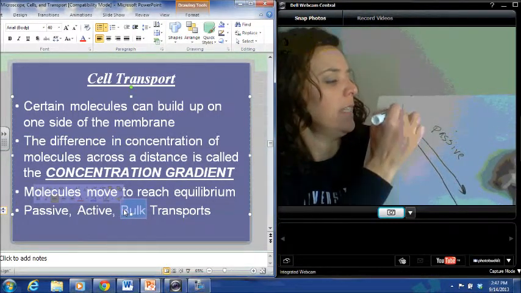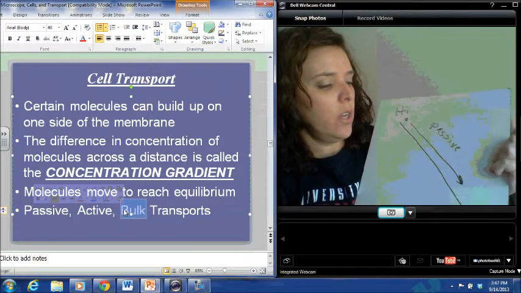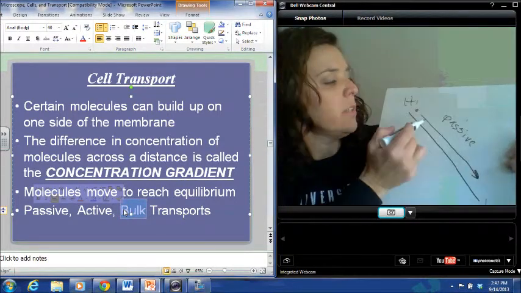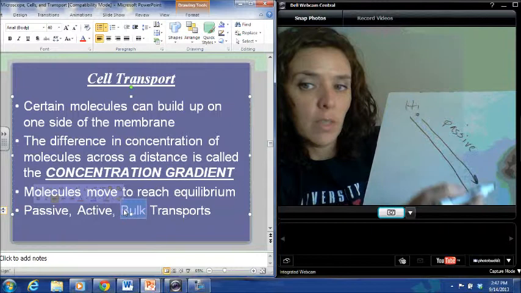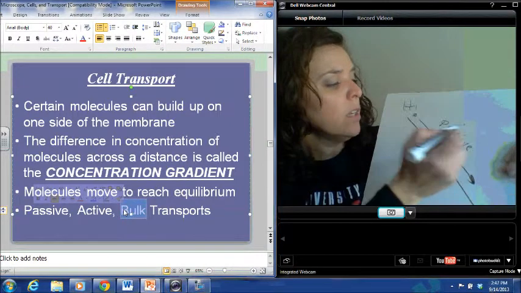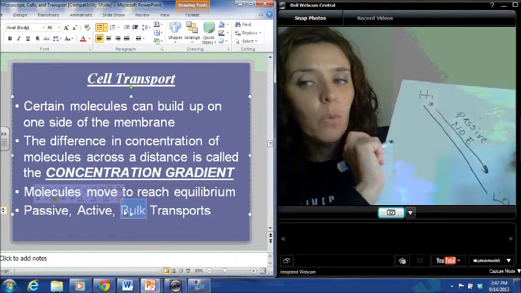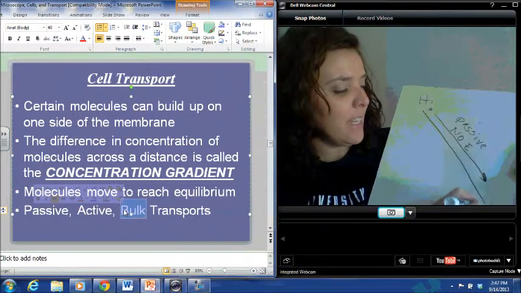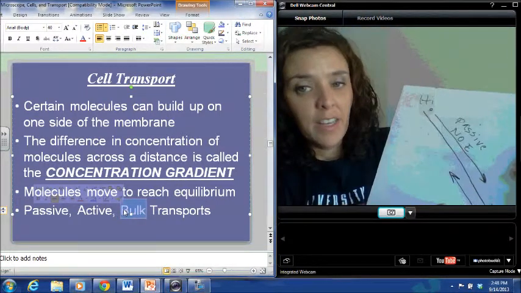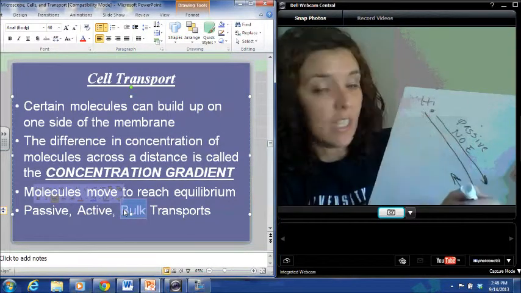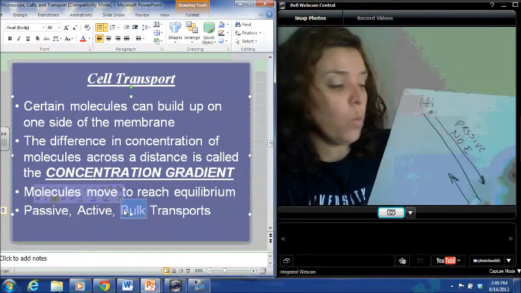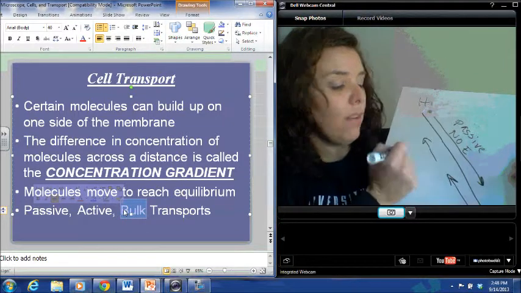And remember this is high and this is low. So if material is going from high to low, that would be passive transport, so no energy is involved. But what if we need to take stuff up that hill? Well, it's not as easy as just pushing it down. You're going to have to really work to get it up that ramp.